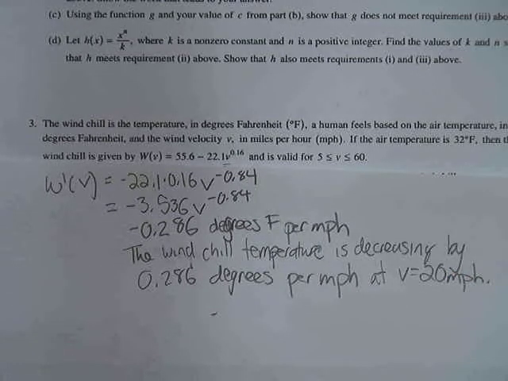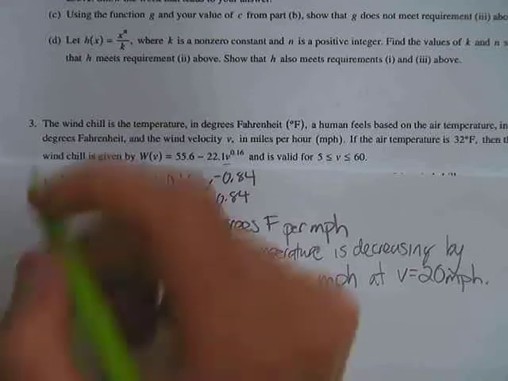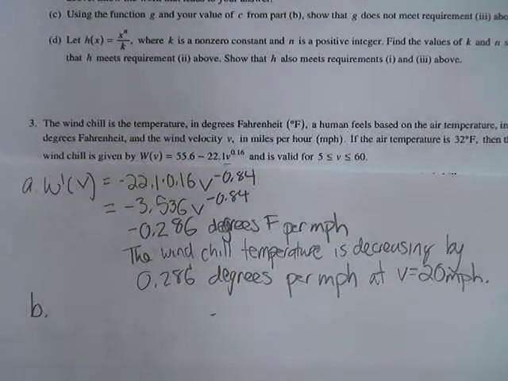This is absolutely the best explanation of what that is. Well, you might be able to phrase it better than me, but this has all the necessary information in it. And we're done. That's A.